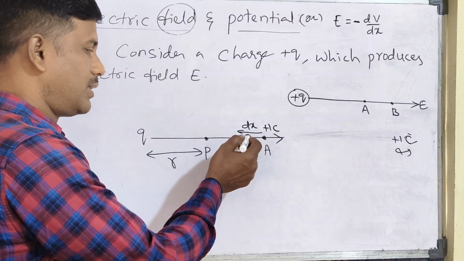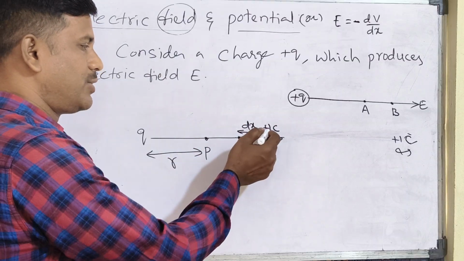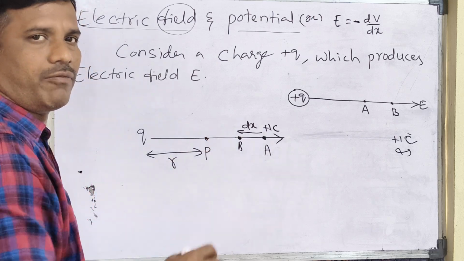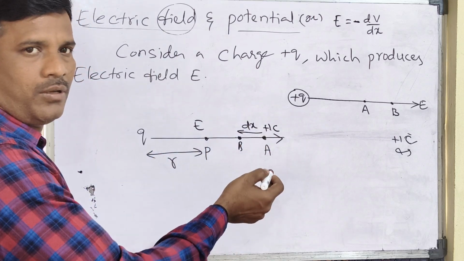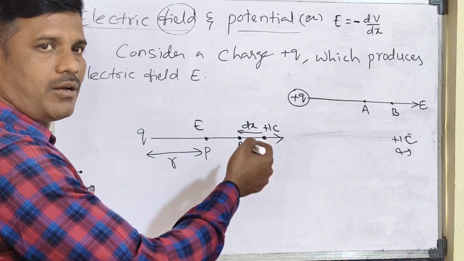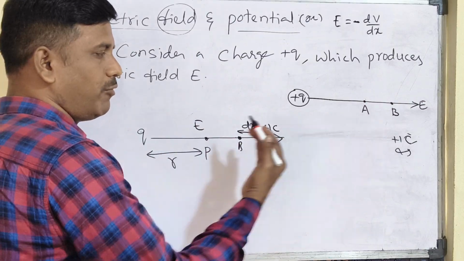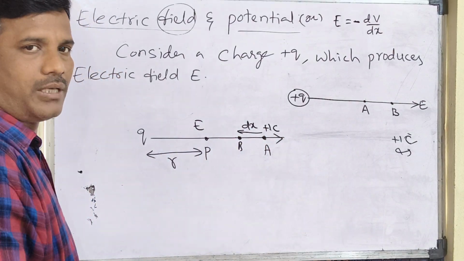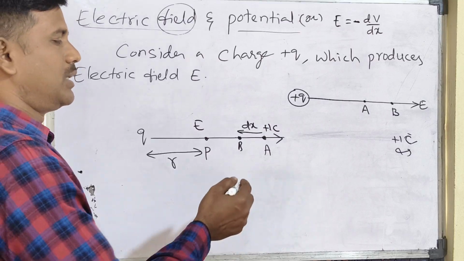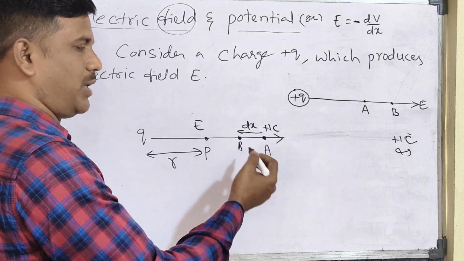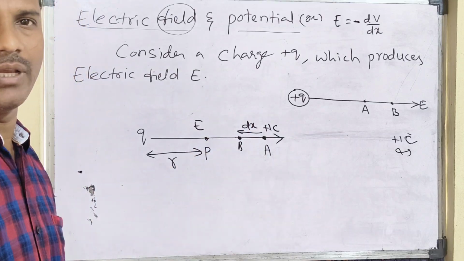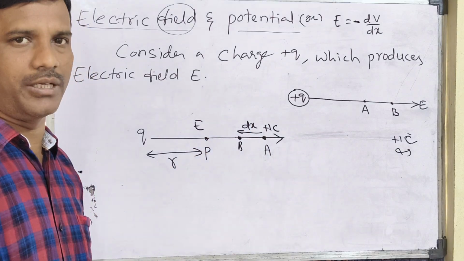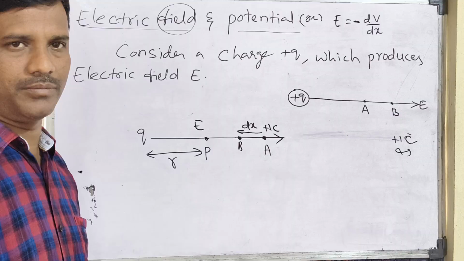Moving the charge from here to here is very tough, because the electric field strength is more and the work against it is also more. Actually it is not possible to bring it from here to here, but our convenient way is the mathematical derivation, integration, so we follow that.